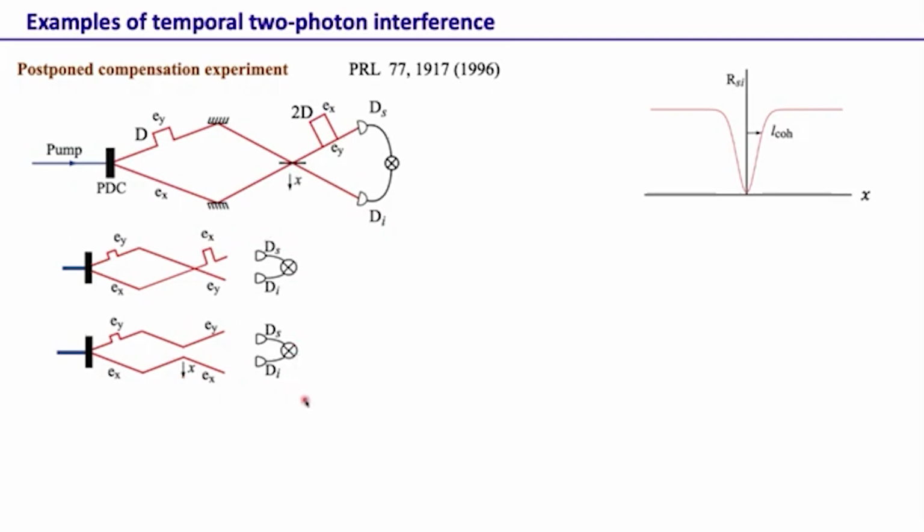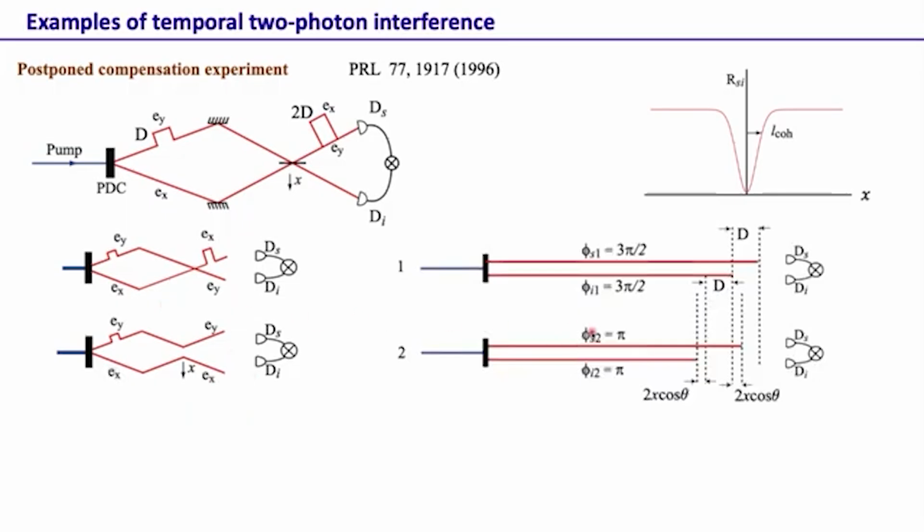So the interference is the interference of these two alternatives, and in order to see that, we put this in an unfolded diagram manner. Here all these phases are pretty much the same as what we had for the Hong-Ou-Mandel. Whenever we have this two-photon diagram, we always calculate it from the detector's perspective.